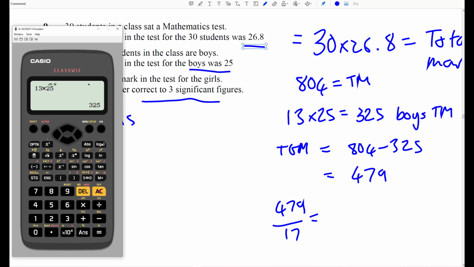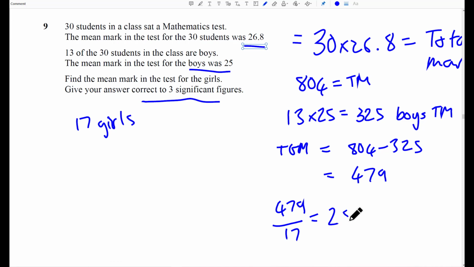Remember to do it to 3 significant figures. 479 divided by 17 equals... Do press the SD button, because can you see that's reoccurring up to there, so lots of numbers reoccurring there, so we just want to round that.